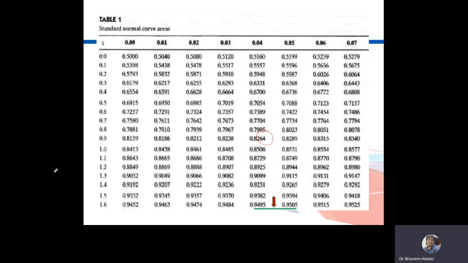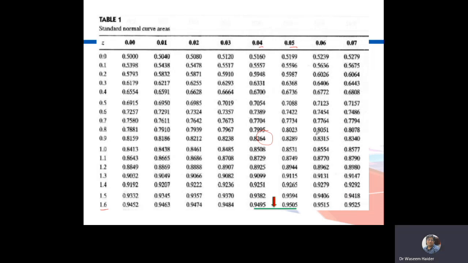The number here is 1.6, and the other digit we pick is 4 and this one is 5. So it is in between these two, so we might take the average, or we can round off to 1.65.